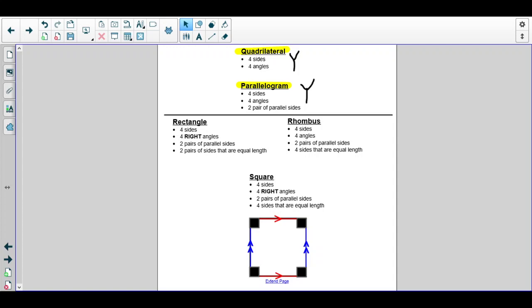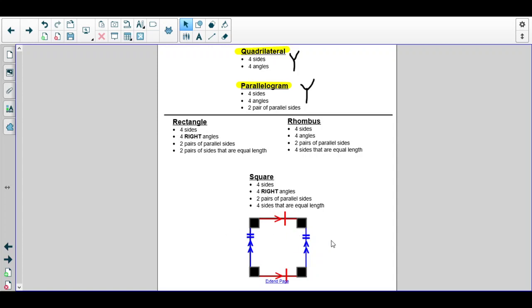Two pair of parallel lines, we've already established that. So red and red, and blue and blue. And then two pair of sides that are of equal length. So do our red sides here and our blue sides here, do they equal the same length? And we can see once we get our symbols in here, yes.